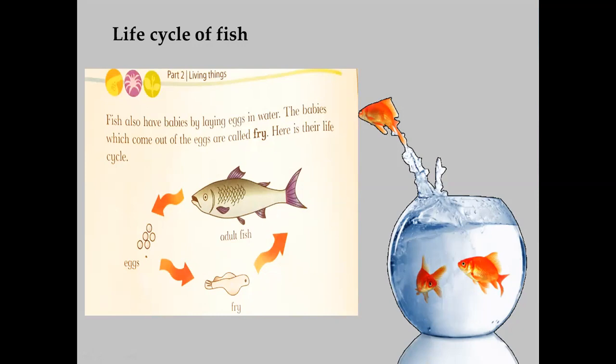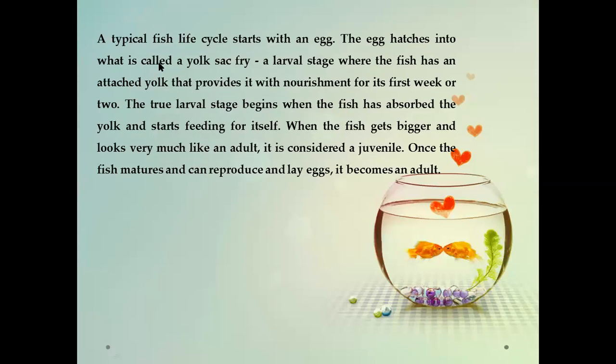Let's talk about their life cycle in detail. Basically, the fish life cycle starts with an egg. In the first stage, the fish lays eggs in water. The egg hatches into what is called a yolk sac fry, a larval stage where the fish has an attached yolk that provides it with nourishment for its first week or two.